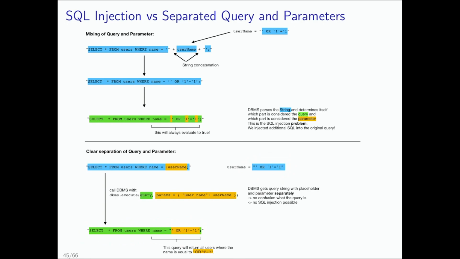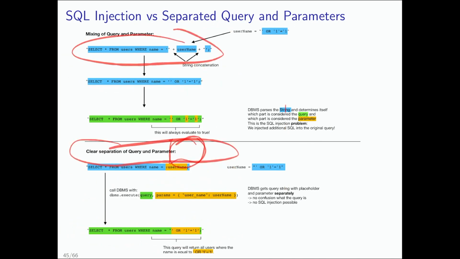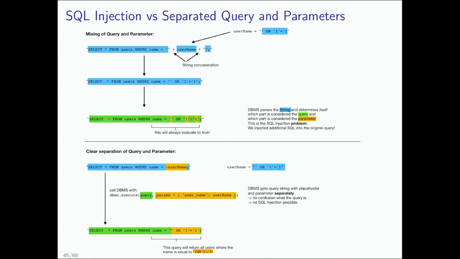So where name equals that value, it's really used as a constant in the comparison. This query would only return those users that have that weird name, whereas in the situation where you do the string concatenation, this query would return everything, because you changed the semantics of the query.